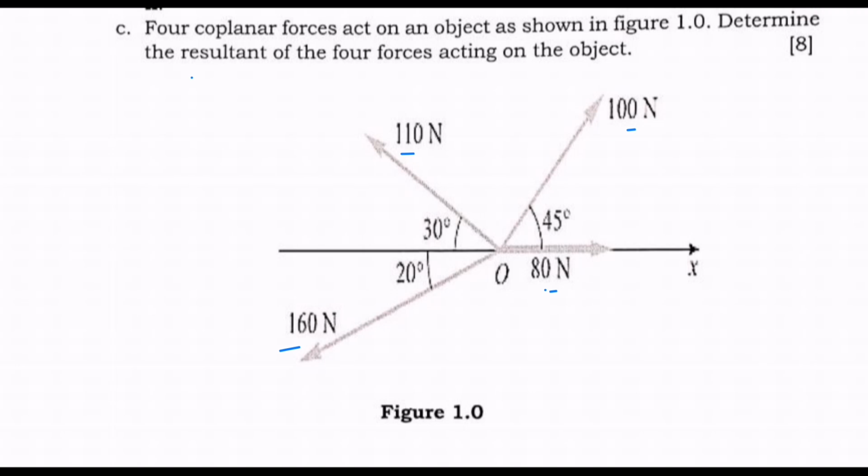And the direction I said is just the theta. Now, I like this question because there are many directions. The first one is 80. So what should we do here? How can you find the component? I'll just give a name to each force so that I know how I'm answering.